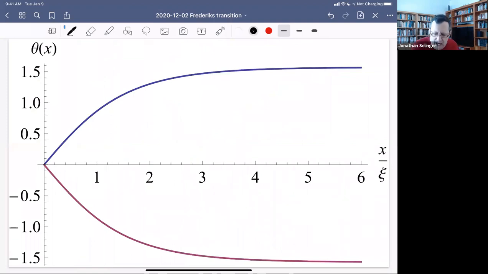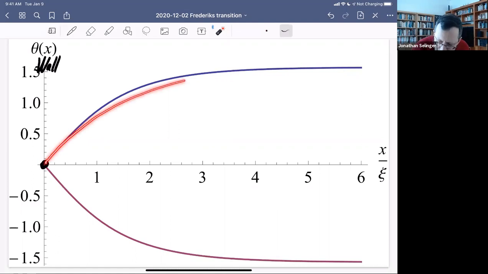So in this plot, you can see the wall is here at x equals 0. So here at the wall, we have a director with theta equals 0. So the director is pointing in the z direction. And then as you go into the interior, the director is twisting.